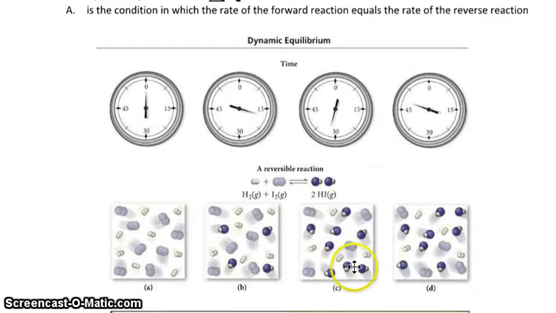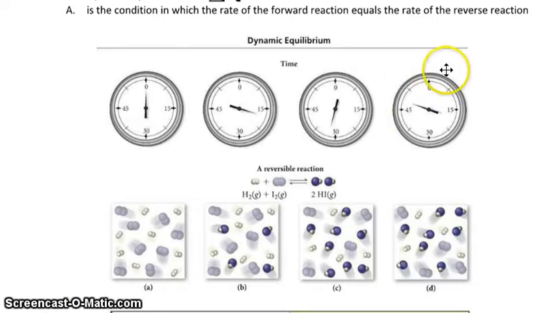Then another 16 seconds go by. We would expect that, again, our reactants, H2 and I2, would decrease, and our product, HI, would increase. And that is indeed the case. If you count your molecules again, you're going to have 4 H2s, 4 I2s, and now 8 HIs. So the reaction is indeed proceeding as we would expect.